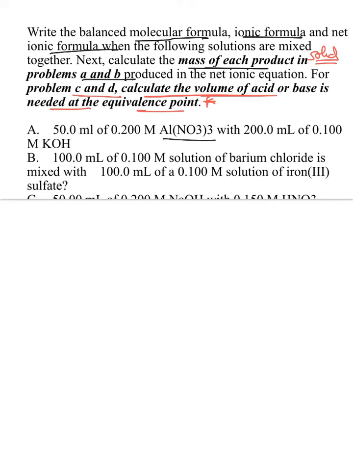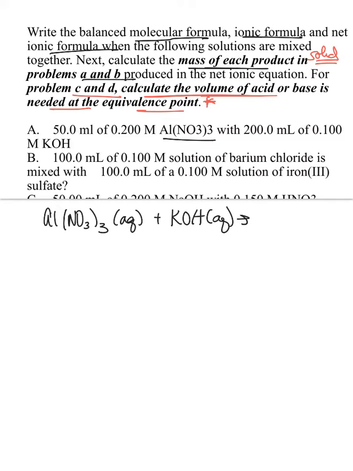So let's look at the first one. The first one is aluminum nitrate, Al(NO3)3, this is aqueous, plus KOH, aqueous. We're going to try to write this molecular formula, balanced molecular formula reaction.